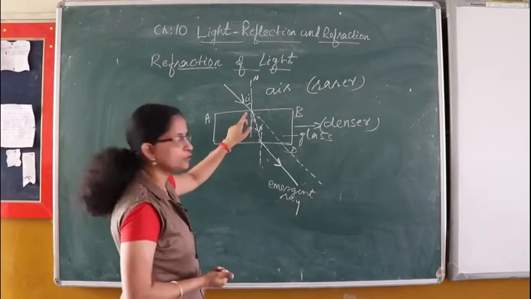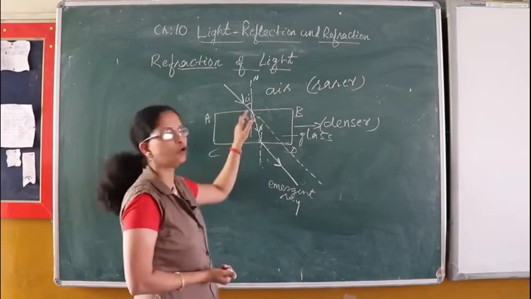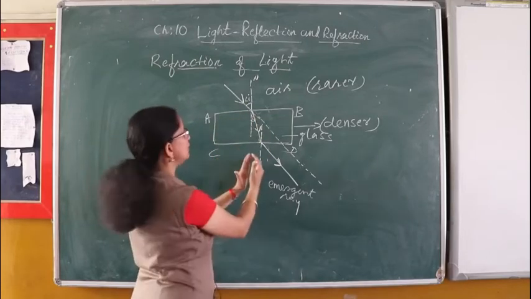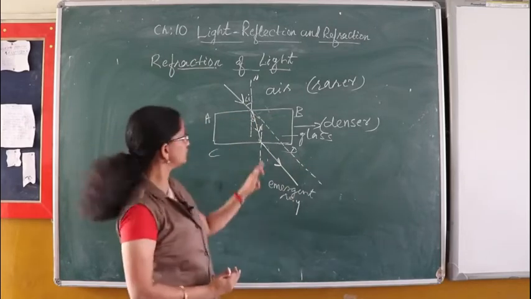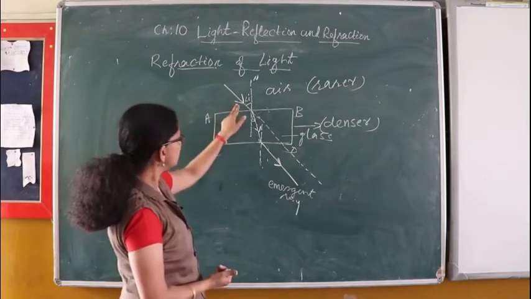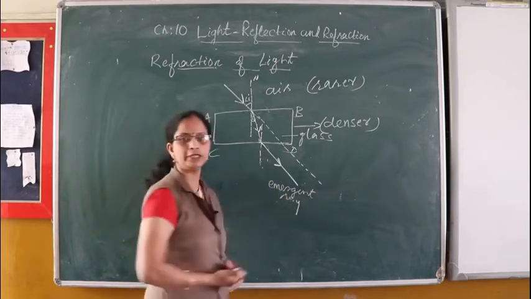So the extent of change of path is equal and opposite. How much angle it bent towards, that much angle it bends away at the next refracting surface. So the incident ray and the emergent ray become parallel to each other.